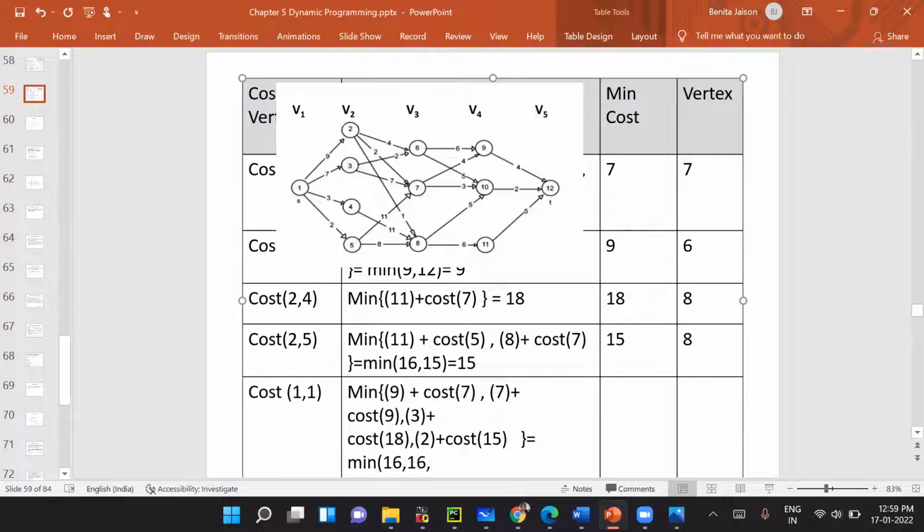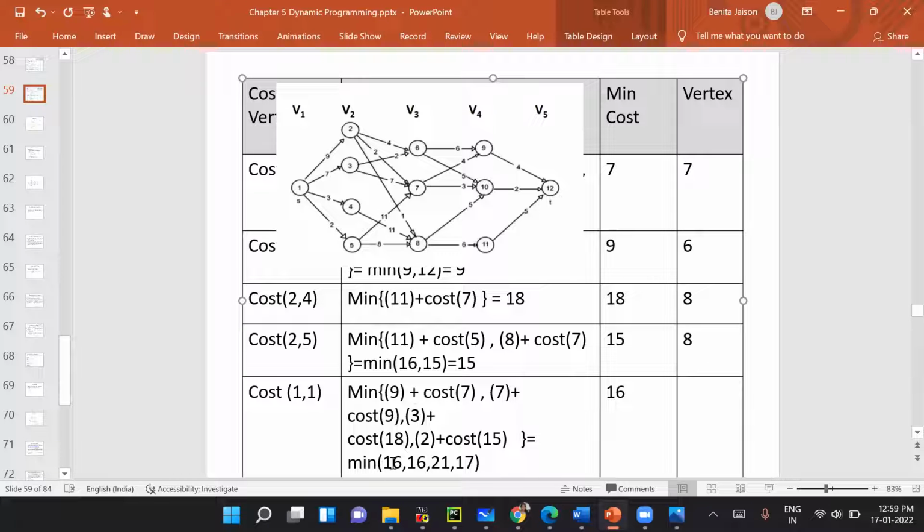Then 3 plus 18 is 21. And one more, 2 plus 15 is 17. Which is the minimum? Are you all getting like this only? Yes, ma'am. What is the minimum cost now? It is 16.